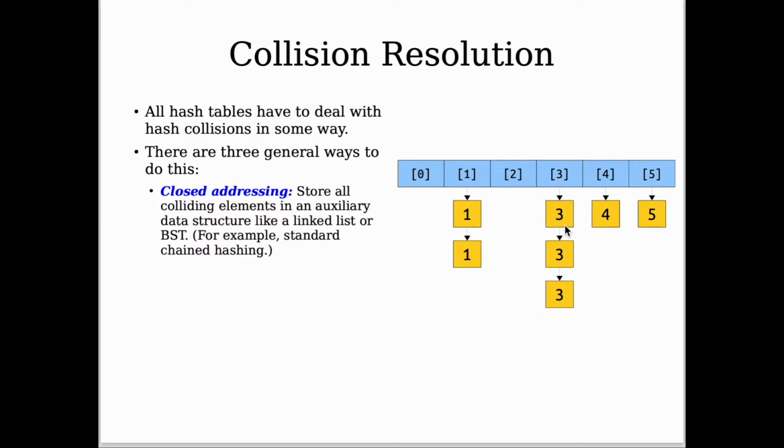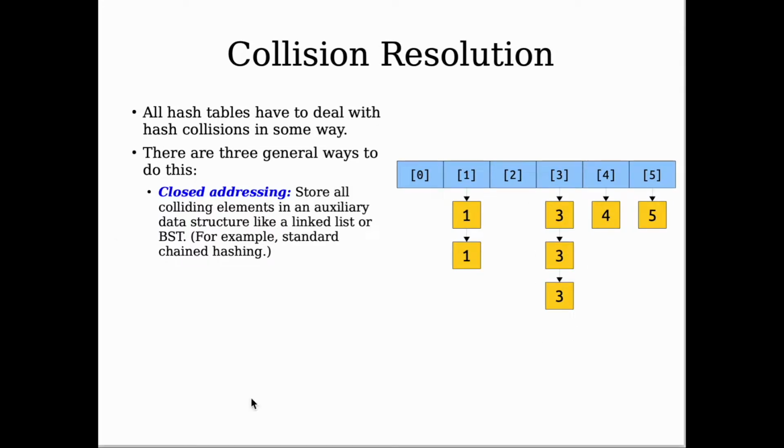An improvement of this auxiliary data structure is by using binary search trees, because when we have chaining, if we look for a particular element, we have a running time of checking all the elements that are hashed into the same location linearly by checking each item one by one. However, for a binary search tree implementation, it is log of the total number of elements hashed to a single position.